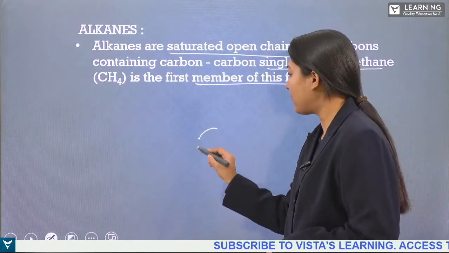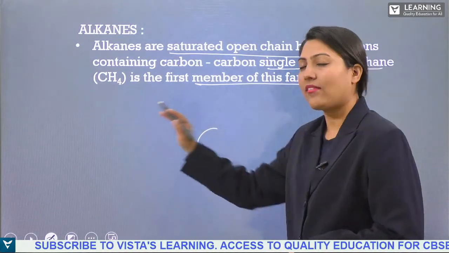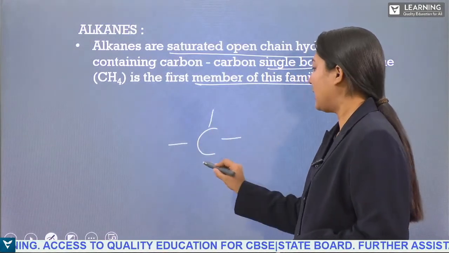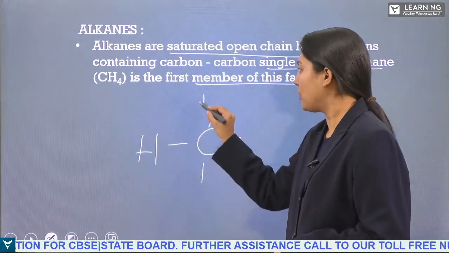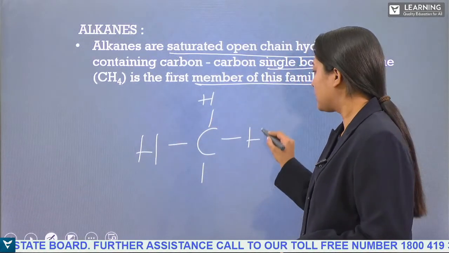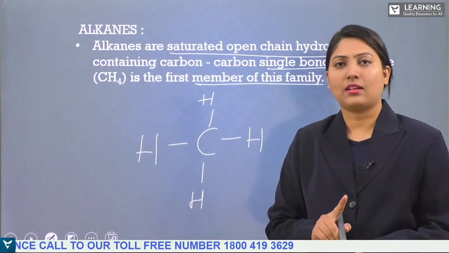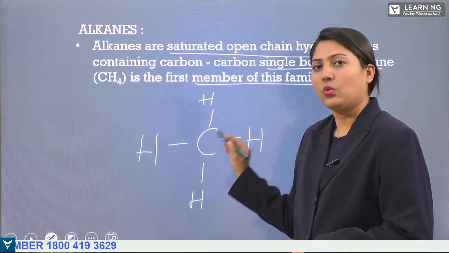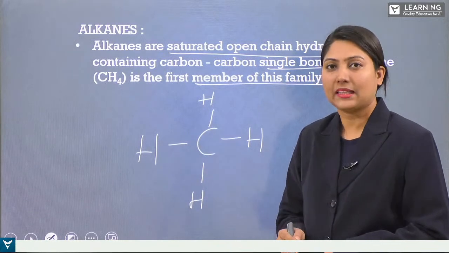That means if I have one single carbon atom, this will be considered an alkane because it is linked with 4 hydrogen atoms with single bonds. Always carbon will form a single bond with hydrogen, and here we have one carbon atom linked with 4 hydrogen atoms forming methane.